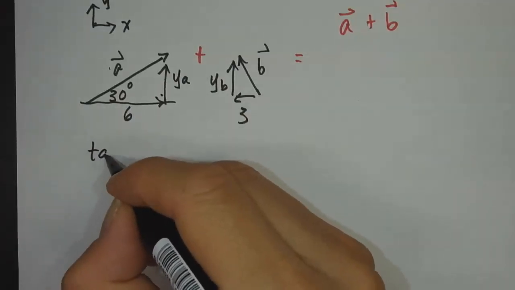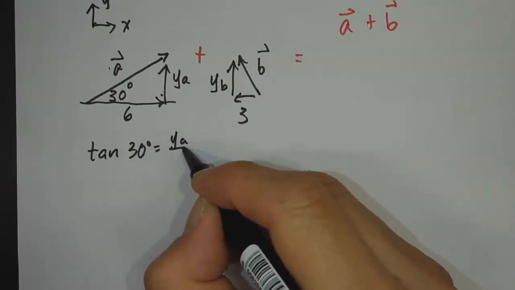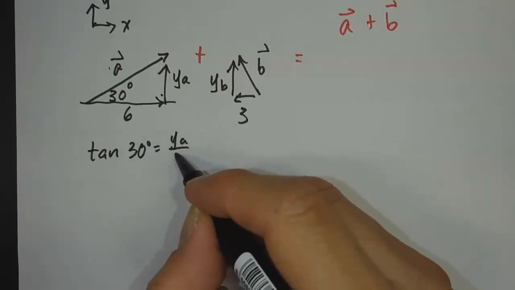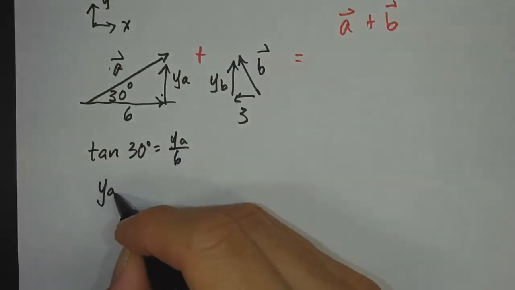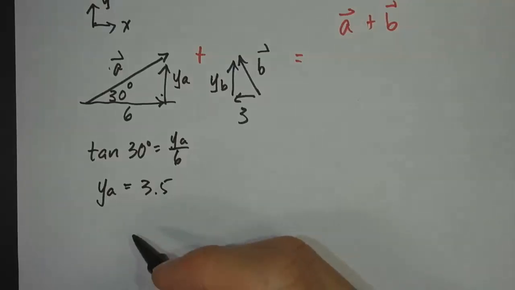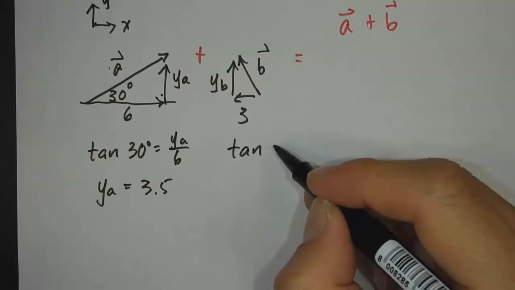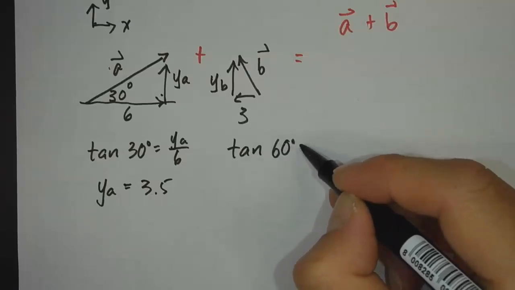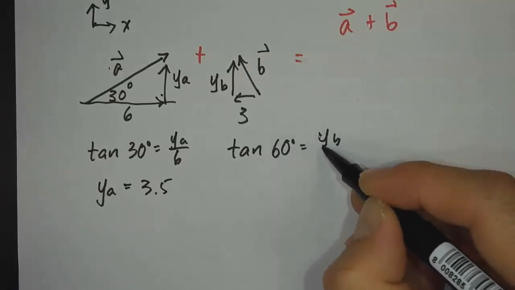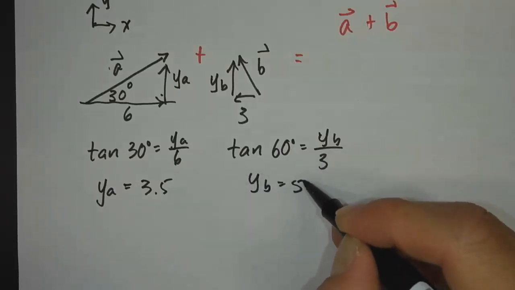So I'm going to use some trig. tan 30 equals y A, the opposite, over the adjacent. So y A is approximately 3.5. And then for y B, I need to calculate that too. So tan 60 is y B divided by 3, and so y B is equal to 5.2.